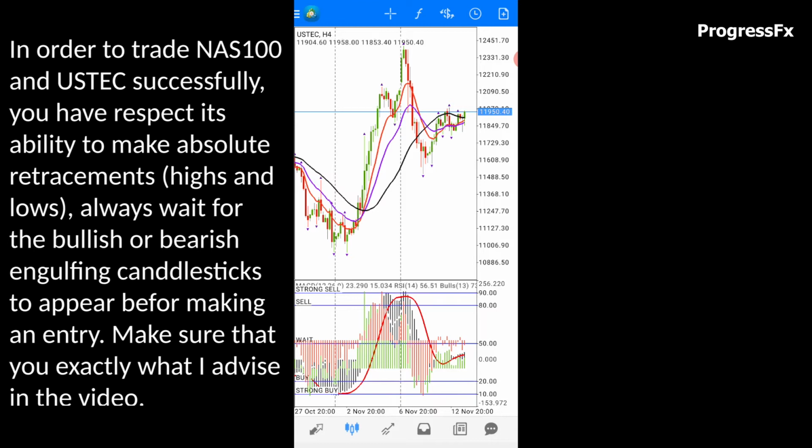Now here, using the 4 hours chart, what I will advise you, due to the long time nature of the 4 hours chart, remember, in every 4 hours chart, you have four different candlesticks.